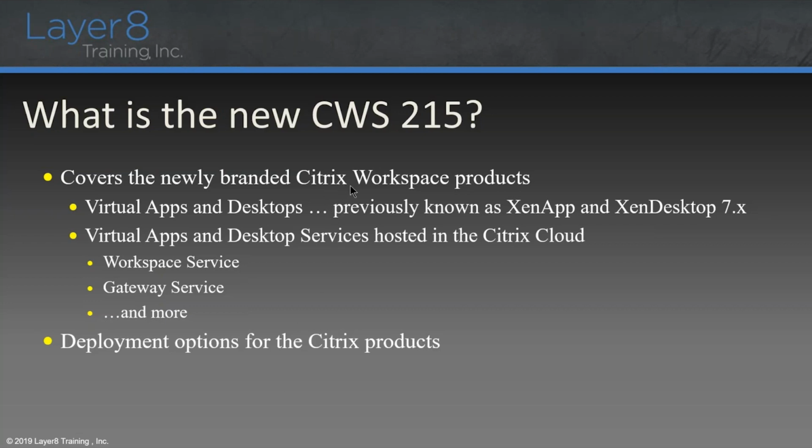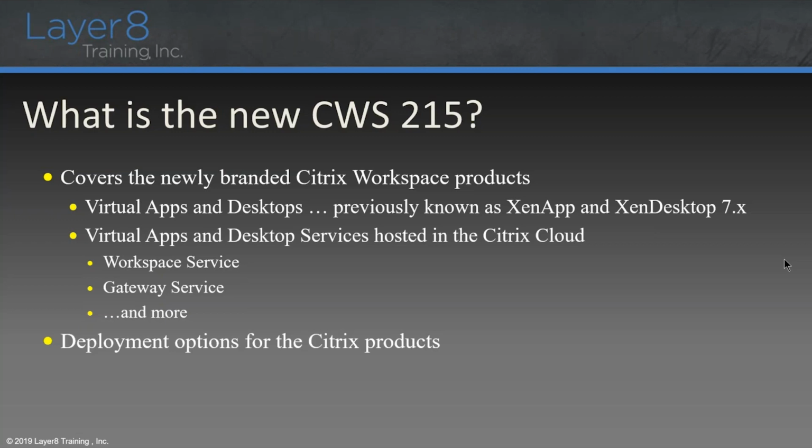You'll see what's called the Citrix Workspace products. The Workspace products cover the entire gamut of products that allow you to enhance your user performance. The virtual apps, previously known as XenApp, the virtual desktops, previously known as XenDesktop, virtual apps and desktops, if you're using that particular one.